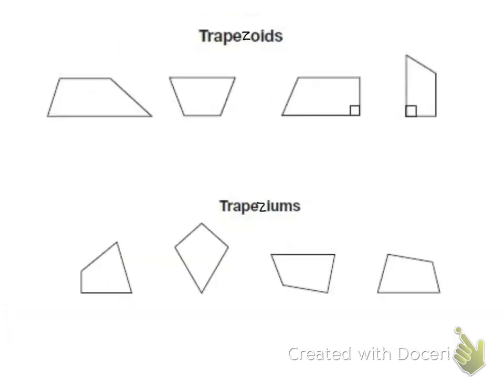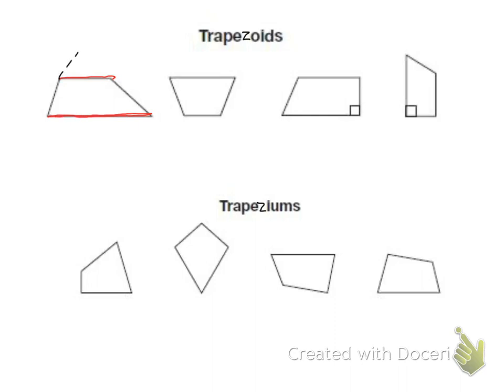A trapezoid is a different type of quadrilateral. Trapezoids have only 1 pair of parallel sides. That's why they're not parallelograms. You can see here, we have parallel sides top and bottom, but the left and right are not parallel.